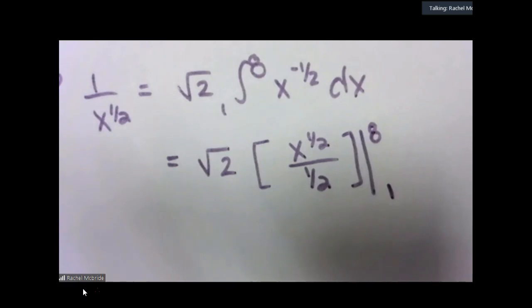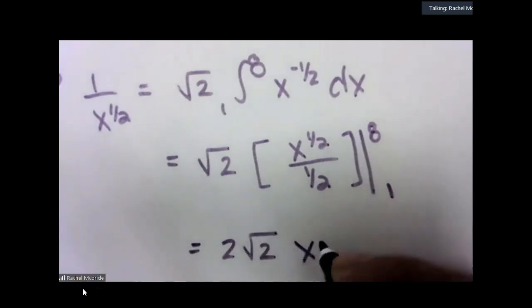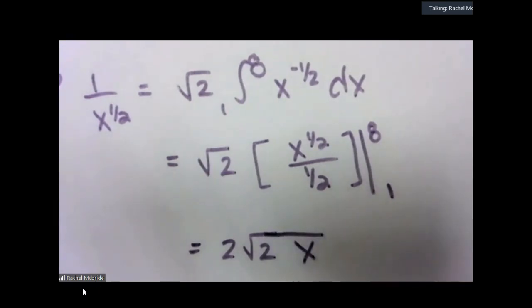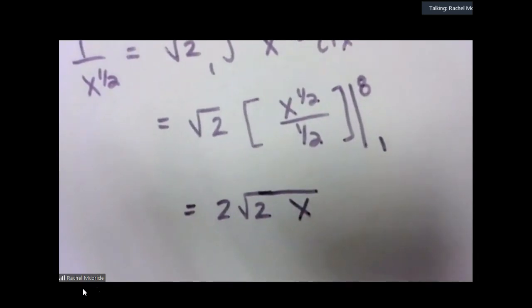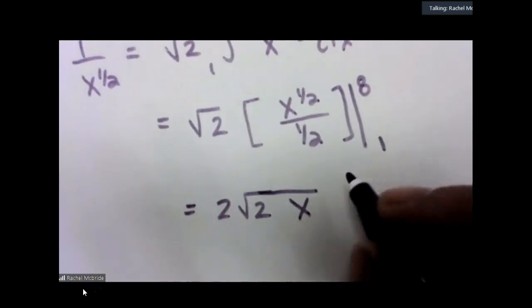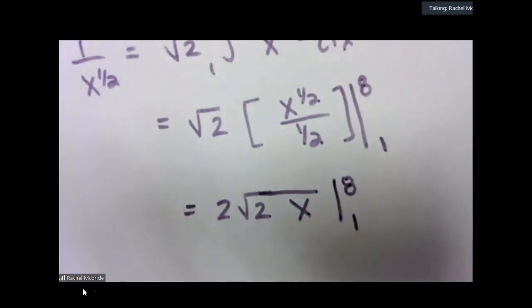And then that becomes 2 square roots of 2 times x to the 1/2, or the square root of x. You could think of that as all one unit, because the square root times the square root multiplies inside. If I evaluate that from 8 to 1, the reason I brought it in on purpose is because 2 times 8 will give you 16.